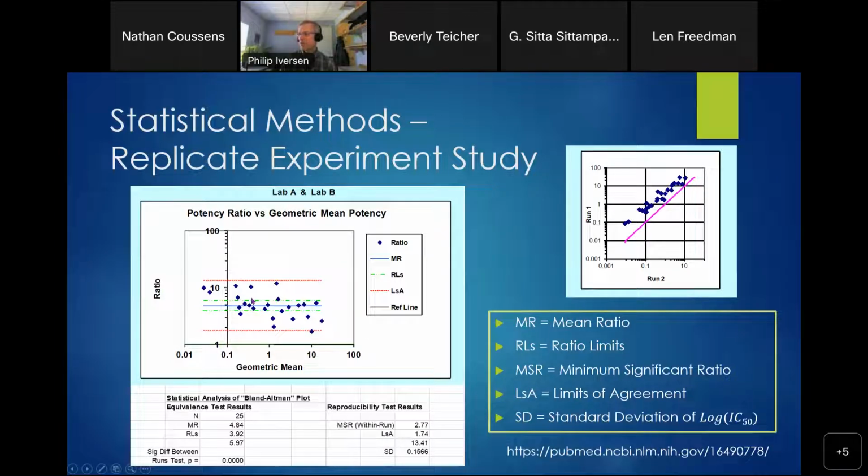We still have the same amount of spread, so the MSR stays the same. But the limits of agreement have shifted, and now the upper limit of agreement is much bigger than 3, and that's a warning flag for the reproducibility tests. And now there's a very significant difference in the mean ratio away from the null hypothesis of 1, the preferred ideal value.